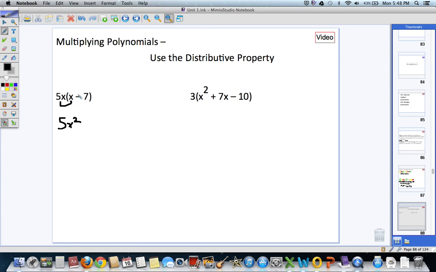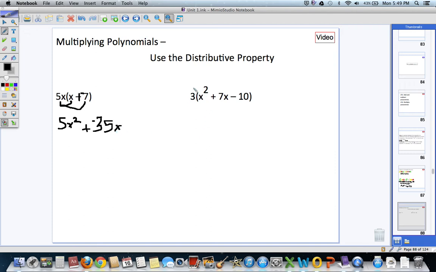And now I'm going to dink dink. So now I have my 5x times a negative 7. So 5 times a negative 7 is a minus 35, and I still have that x.